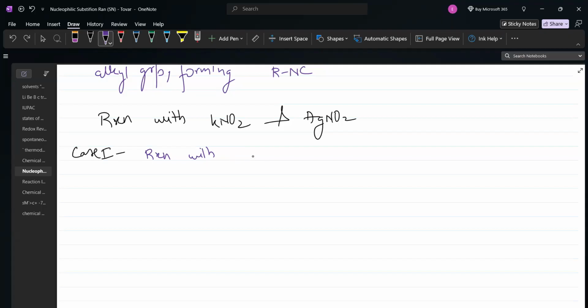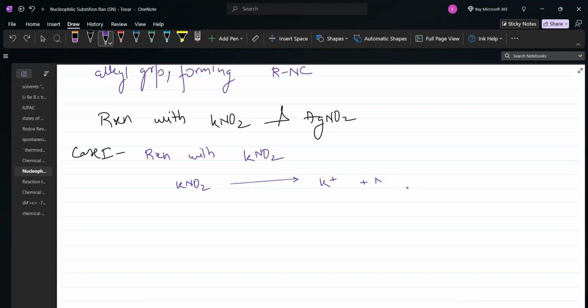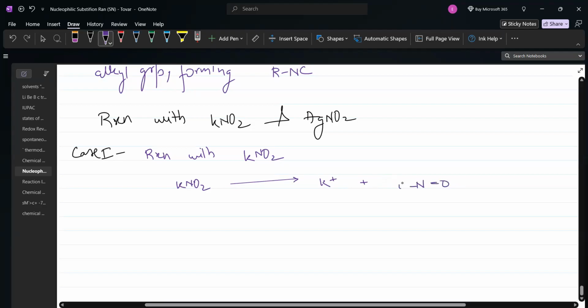So, reaction with KNO2. When KNO2 is dissolved in solution, it dissociates and forms NO2 minus. Let me draw its figure. It will be like this, with a minus charge on it.